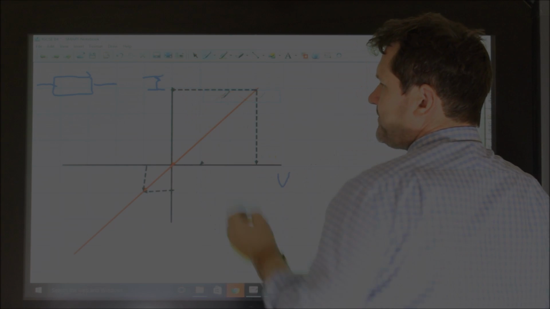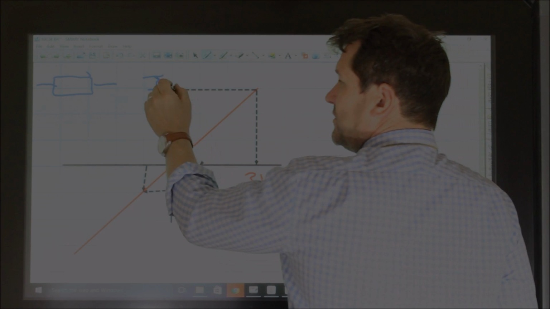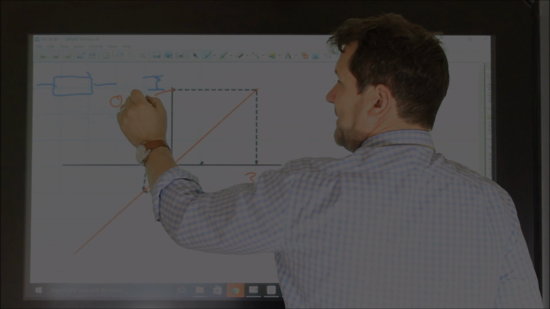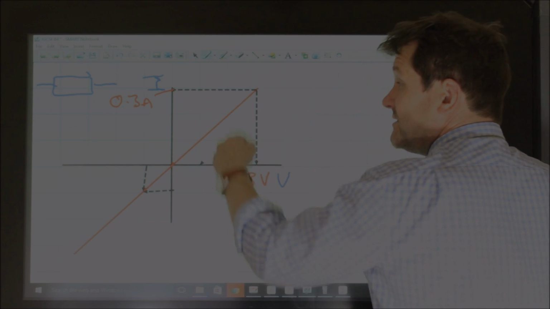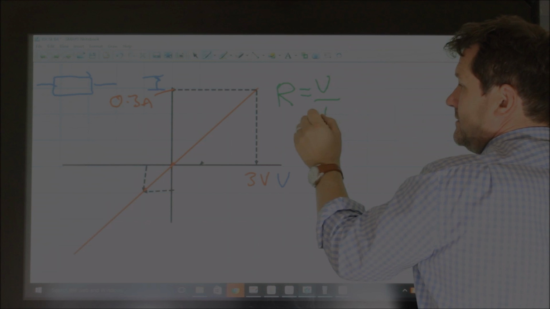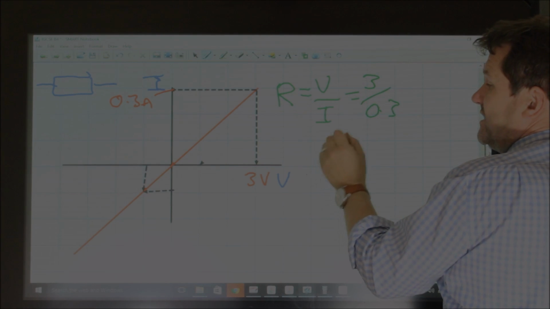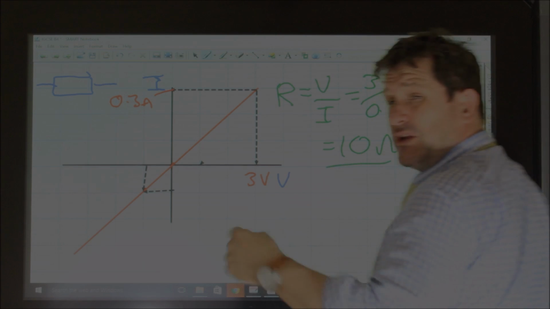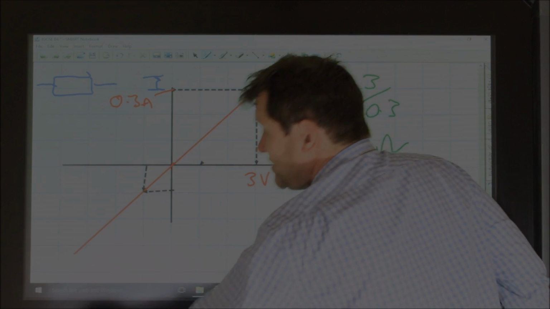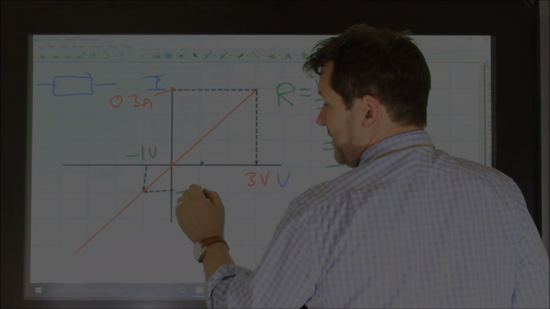So for example, you could say, if this voltage here was 3 volts and the current here was 0.3 amps, well, the resistance of my resistor, 3 divided by 0.3, which equals 10 ohms. But you could do this at any point because it's proportional. This would be minus 1 volt, this would be minus 0.1 amps.